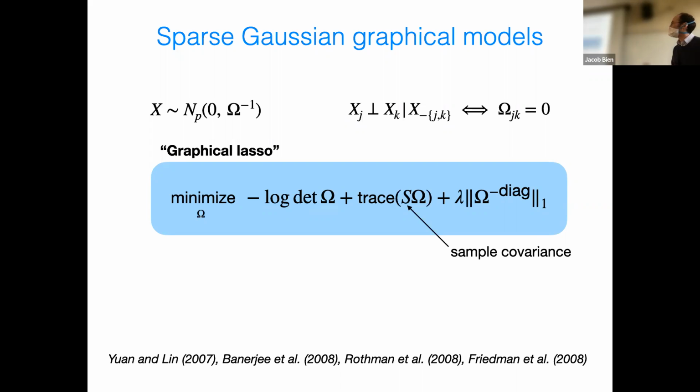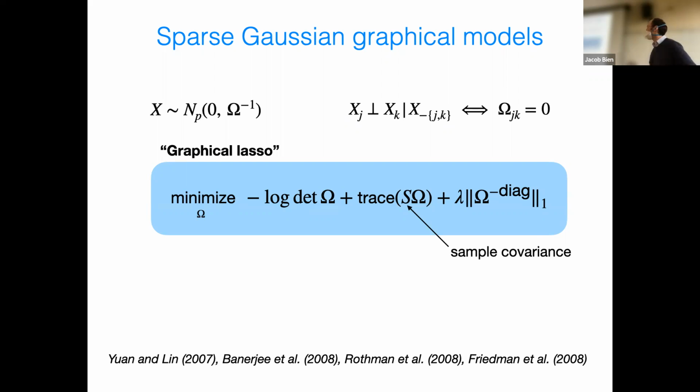So here the covariance would be omega inverse. If the jkth entry of omega is 0, that tells us something about the dependency structure. In particular, it says that if I condition on all the variables except j and k, they would be independent given all the others. And so it'd be nice if we could estimate this inverse covariance matrix to be sparse.